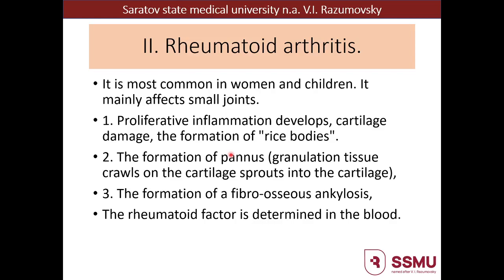Rheumatoid arthritis is a special type of rheumatic disease which is associated with primary or predominant damage of joints, and it's more common in women and children and mainly affects small joints of arms and legs.